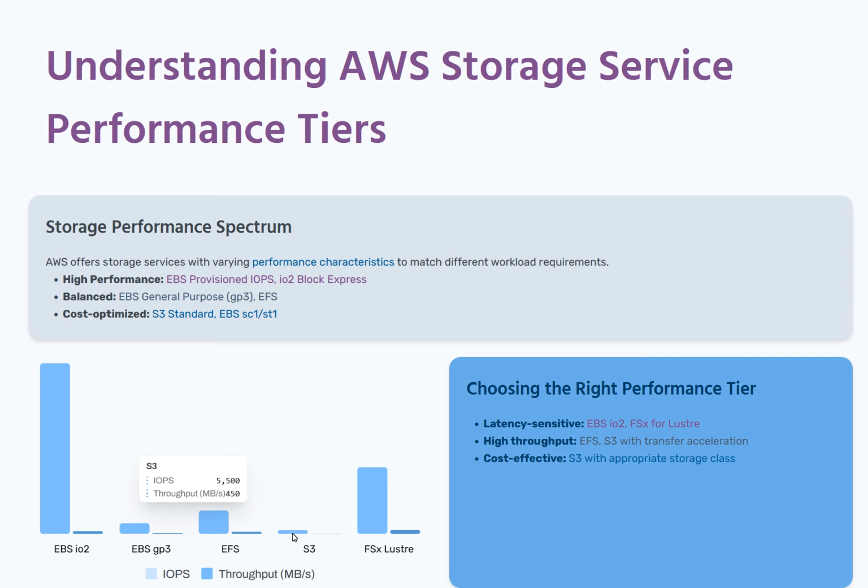And then S3, the lowest of all, so IOPS is 5500, and throughput is somewhere under 450. And then I go to the expensive option last, where you can go to 100,000 IOPS. Throughput is 6,000, right? So it's a very high performance, expensive file system, right?